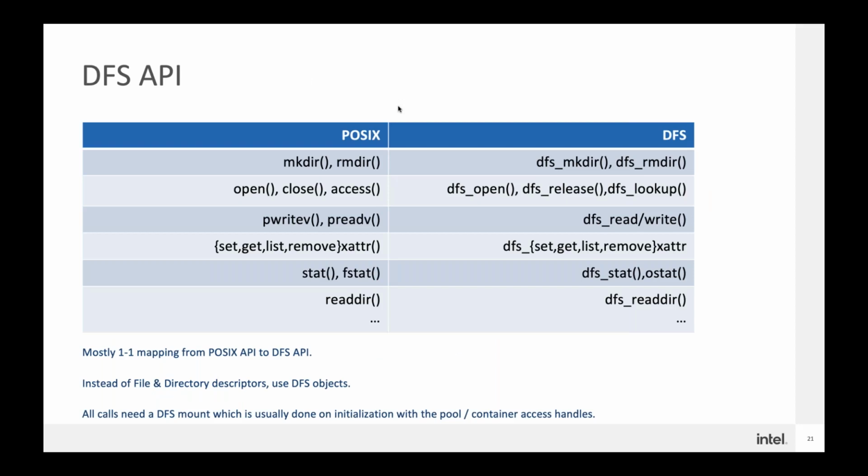The baseline DAOS API has very rich parameters and can satisfy different data models, but it is not very convenient for users, especially when most I/O middlewares are built on top of the POSIX API, which is very different from the native DAOS API. Meanwhile, those I/O middlewares also provide a storage abstraction layer which can connect to non-POSIX storage systems.